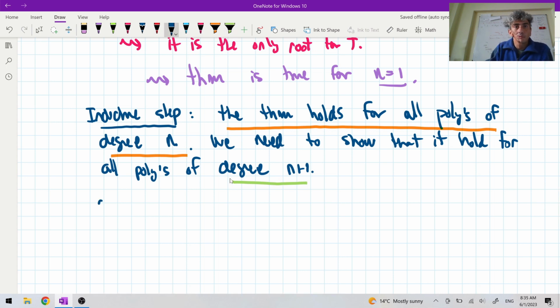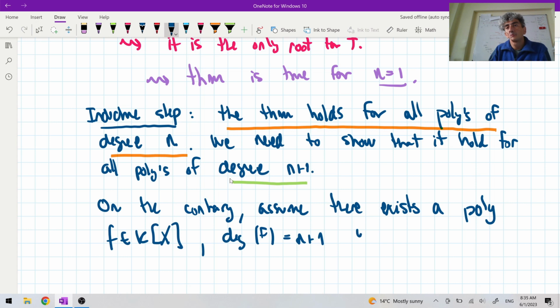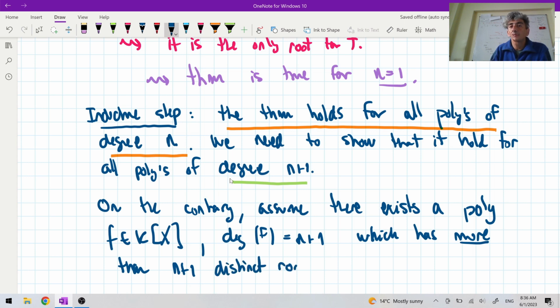So on the contrary, assume there exists a polynomial f with coefficients in K, with the degree of f being n plus 1, which has more than n plus 1 roots, that is, n plus 2 distinct roots.